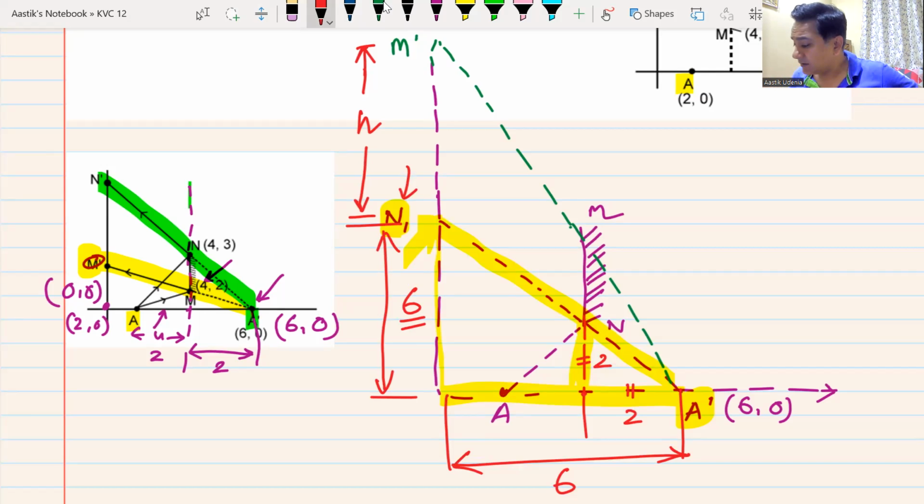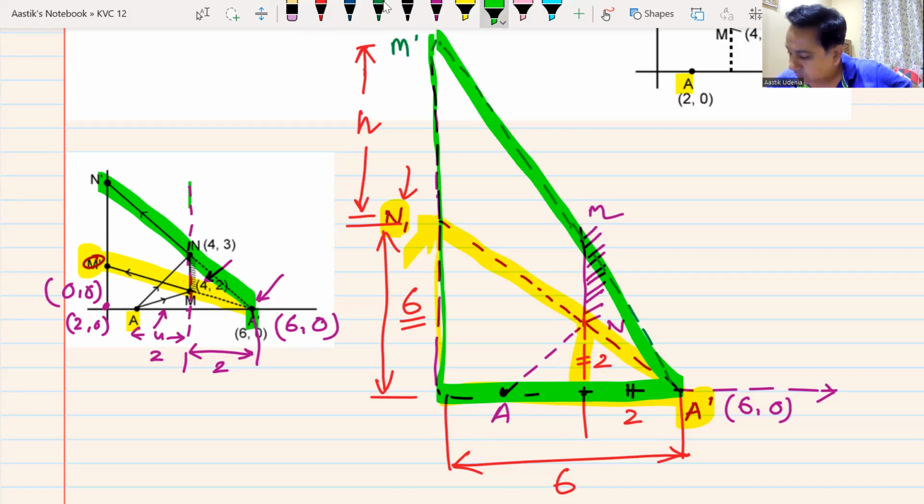On similar lines, you can look at the green triangle. This big green triangle. In this big green triangle, you can compare it with the small green triangle.